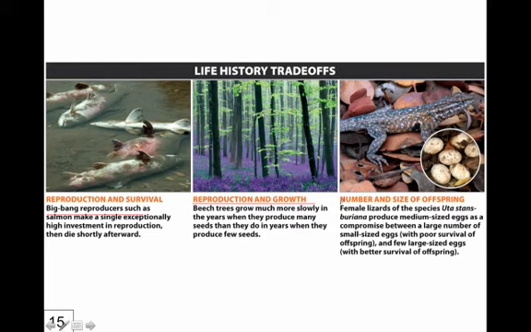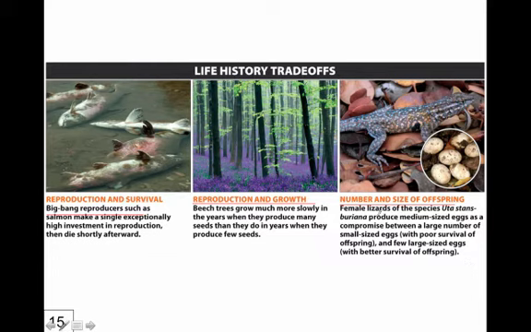Another trade-off that organisms consider is the number and size of offspring. Here we're talking about eggs, but it's not just eggs. We can also think about this in organisms that have live births. So there's this kind of delicate balance. You can have lots of progeny in one brood that aren't as strong or as robust and aren't going to survive as well, or you can have a few large-sized organisms or eggs that survive much better.